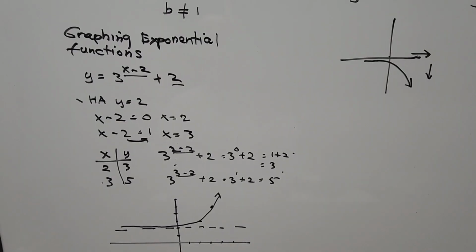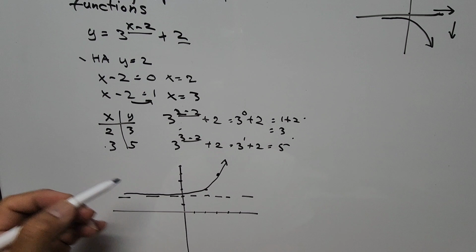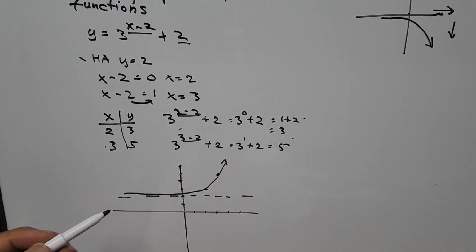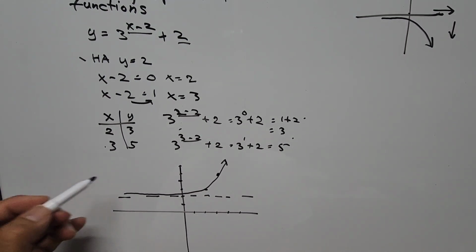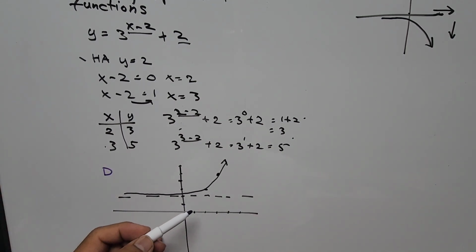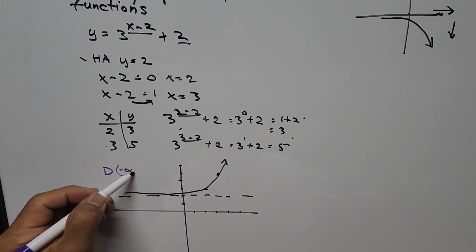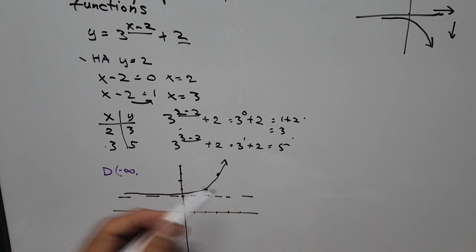Alright. So what about finding the domain and range of the graph of an exponential function? Based on our graph, the domain of our function y = 3^(x-2) + 2 is the value of x, so it starts from negative infinity and goes to positive infinity.